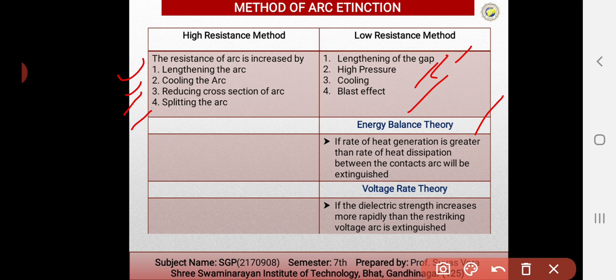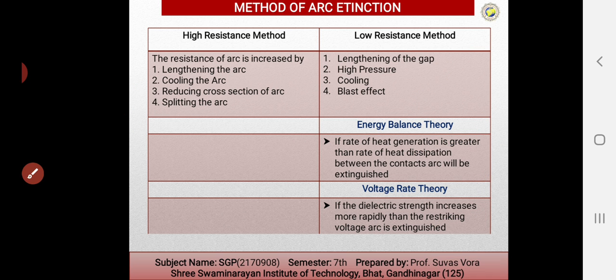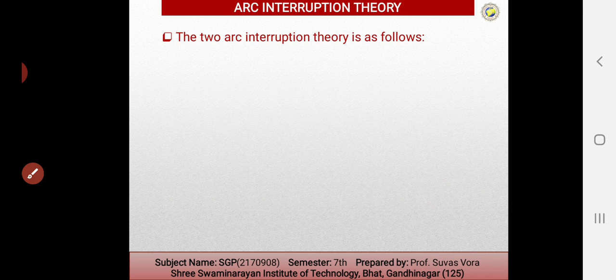In the energy balance method, if the rate of energy generation is greater than the dissipation between the contacts, the arc will be extinguished. And in the voltage rate theory, if the dielectric strength is increasing more rapidly than the striking voltage, the arc is extinguished. So we can see these two methods in the next topic.